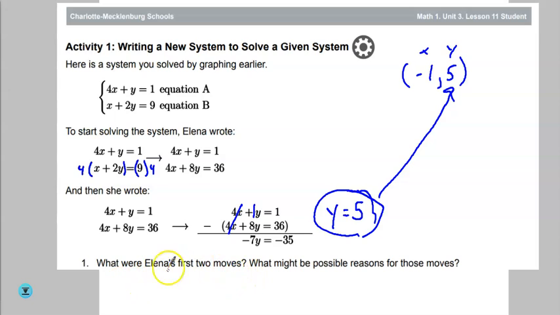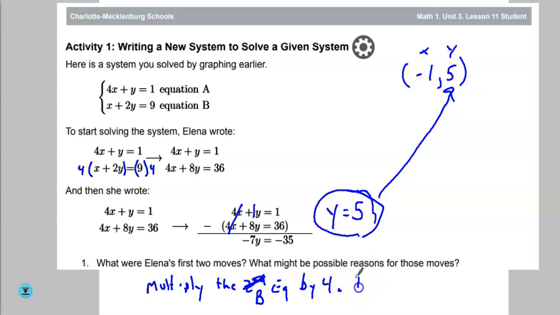So what were her first two moves? Her first move was to multiply the second equation, the B equation, by 4.